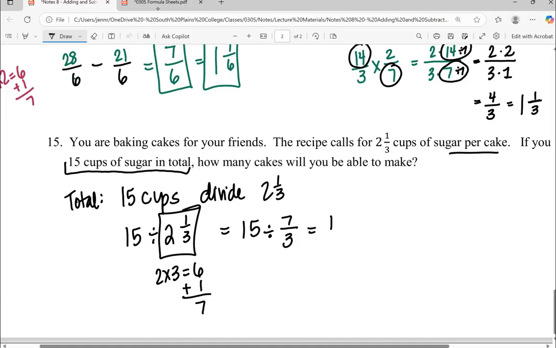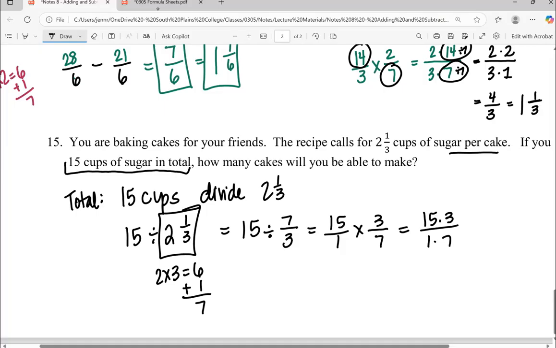Remember, any whole number I can put over 1, change division to multiplication, and flip to 3/7. Now, I have a 15 times 3 on top. I have a 1 times 7 on bottom.